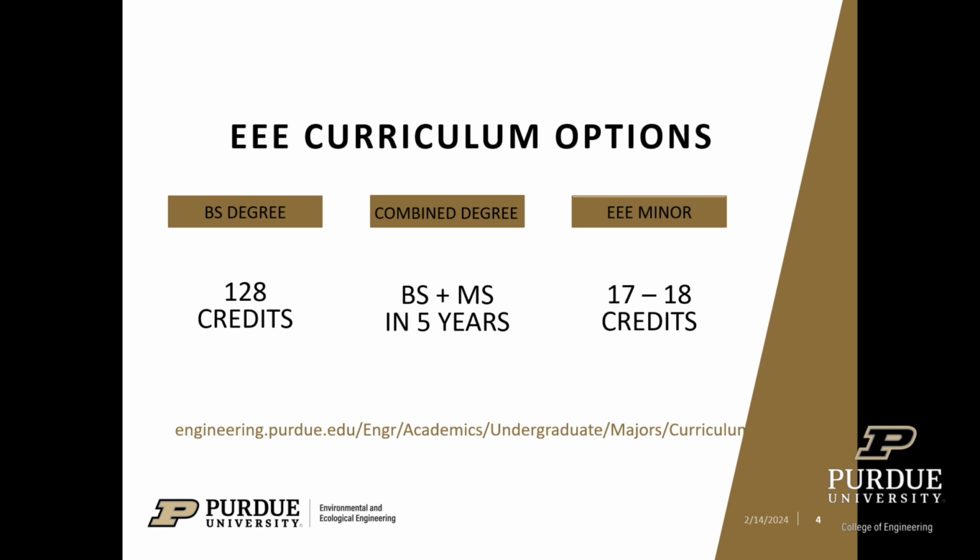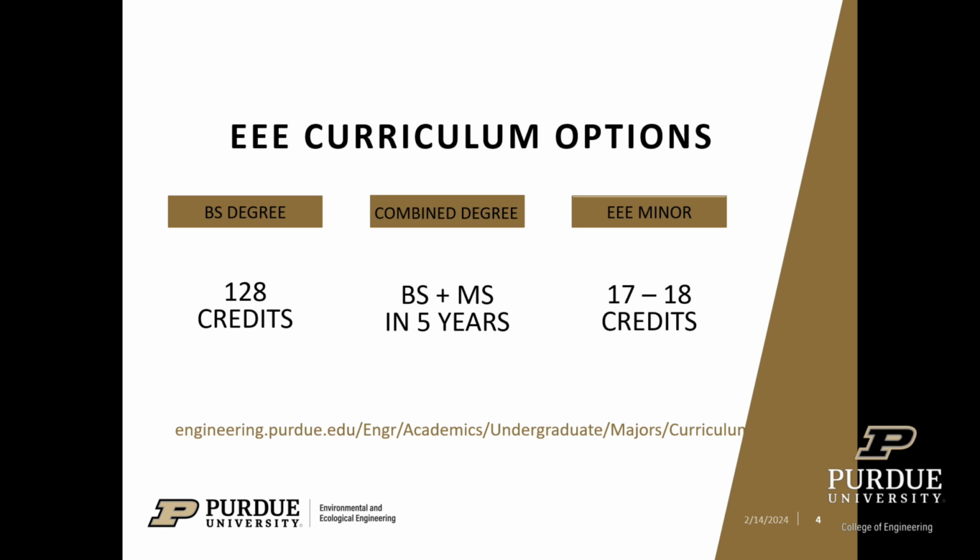Now I'm going to focus here on the combined degree program, and that is essentially a 4+1, if you've heard of that term before. Students will seek admission to the program at the conclusion of their junior year. And if admitted, you then work with your advisor in your senior terms to be able to dovetail in 500 level courses that will help you complete your BS requirements, but that are also eligible to be used towards the master's in EEE.